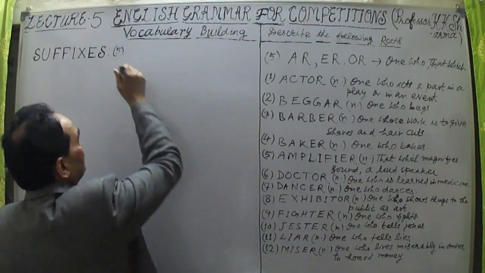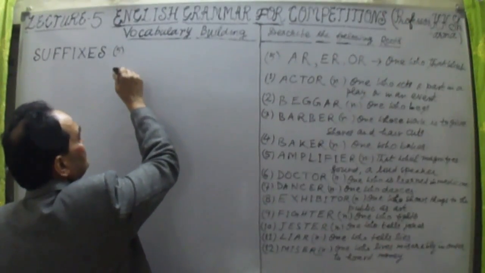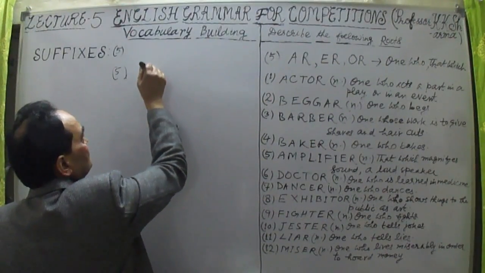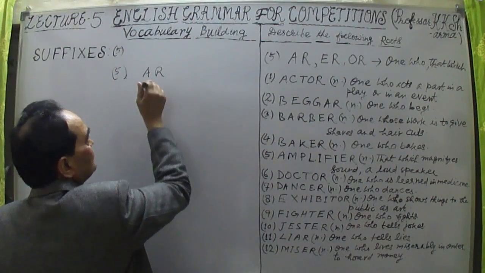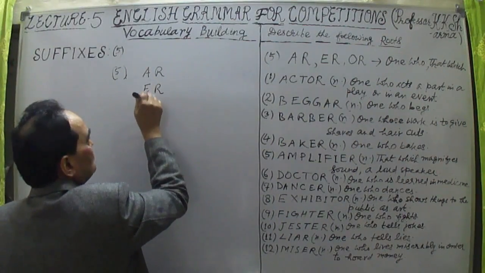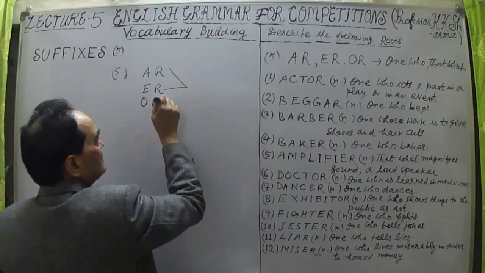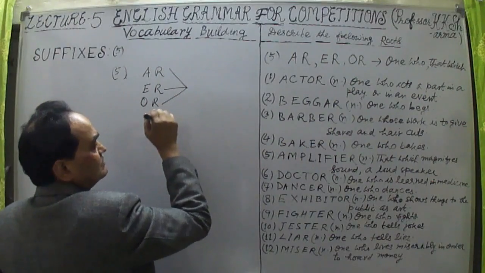Now, suffix number 5, as I have written down there, has 3 basic suffixes. First is ar, second er, and third is or. These suffixes are added in the end of a base word.